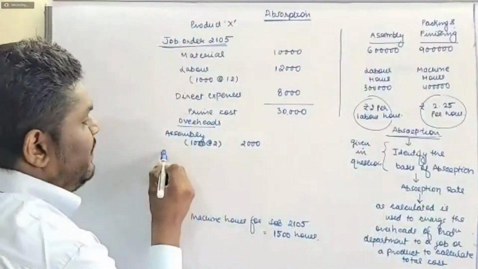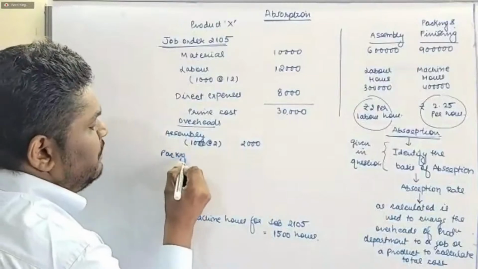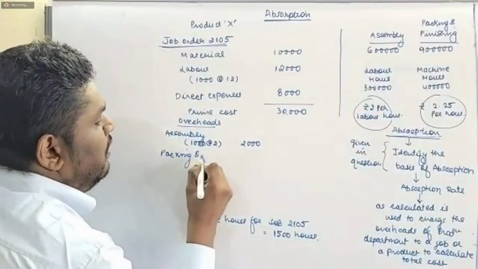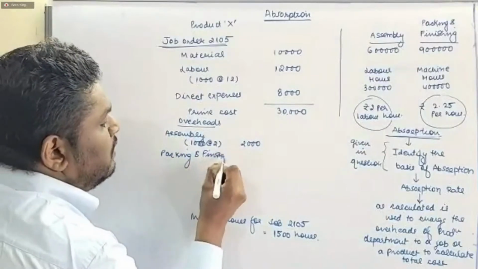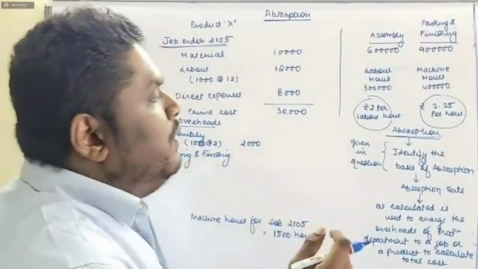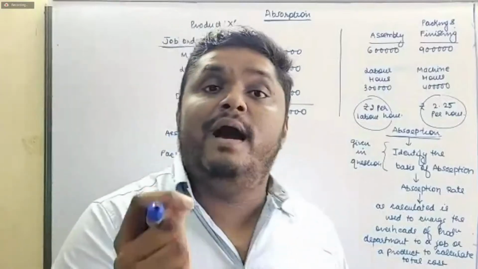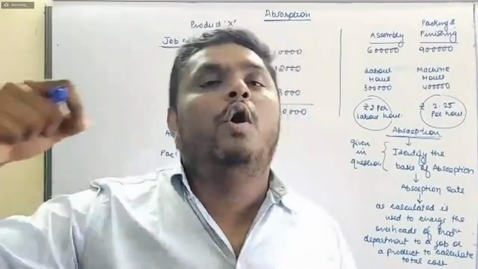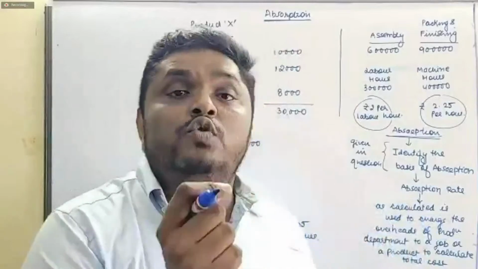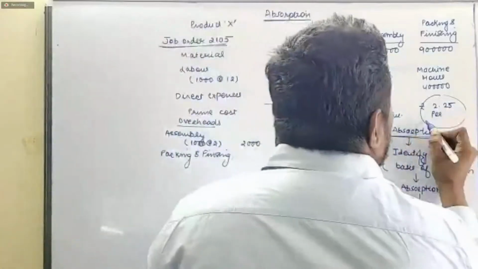Similarly, when talking about packing and finishing also, we have calculated the rate that the overheads of packing and finishing department are to be charged to a job or a product at the rate of ₹2.25 per machine hour.